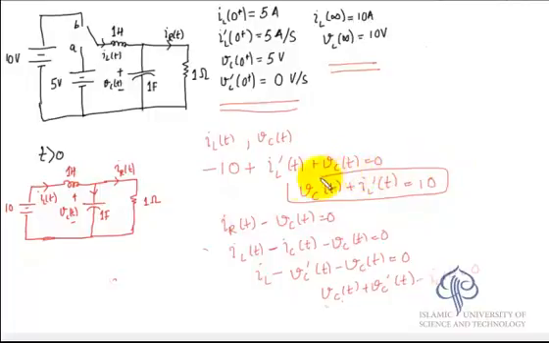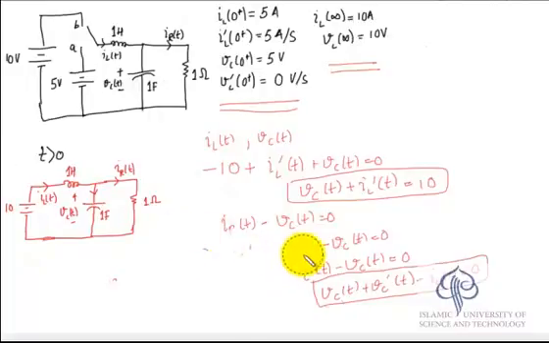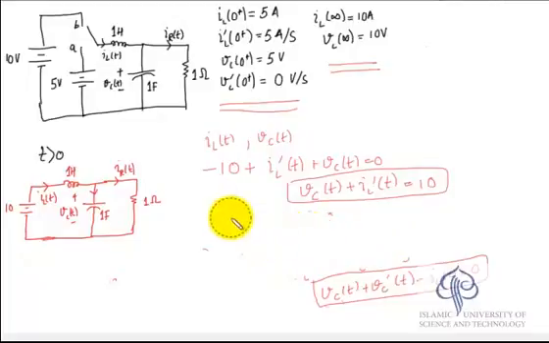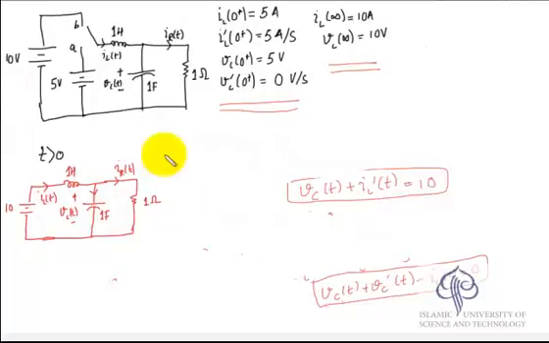So what we have is a set of simultaneous differential equations in terms of the variables v_C and i_L. So now let us solve these simultaneous differential equations. We can write both of them together in matrix form like this.